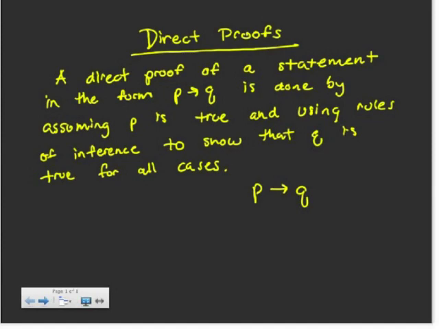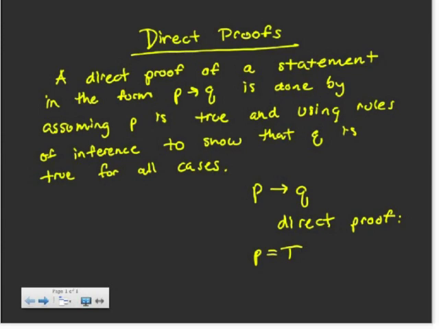So in a direct proof, we're doing a direct proof of this statement, then we would say that P is true, and then we would use rules of inference to show that Q is true for all cases. So in the last example, we would go through step by step and show that the only way it would be false is if today is Saturday and we didn't wash the car.